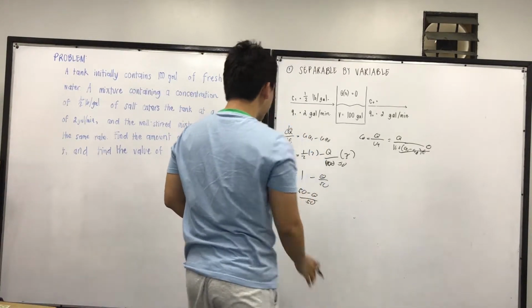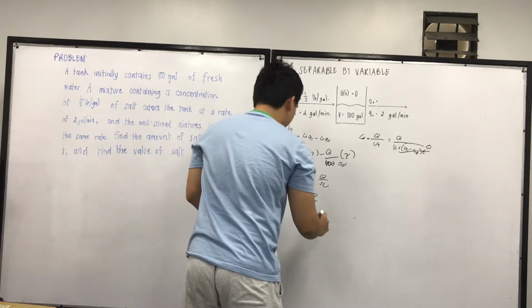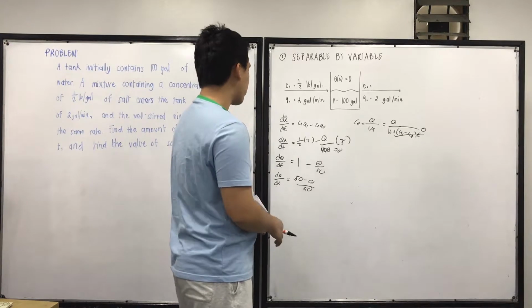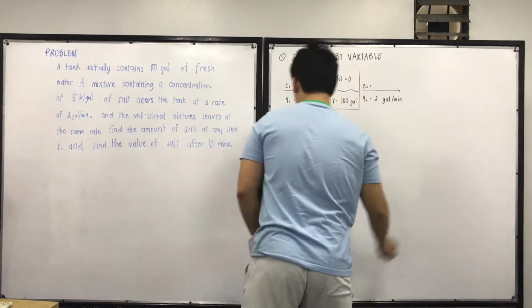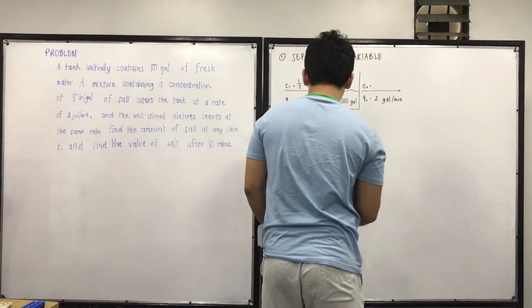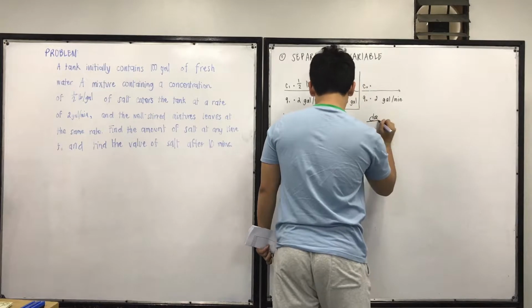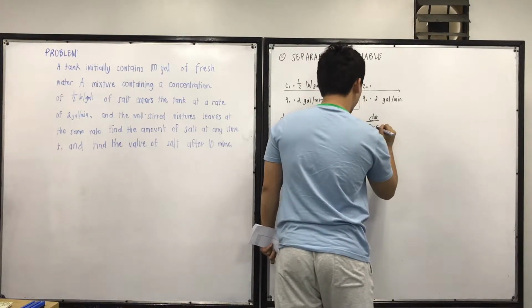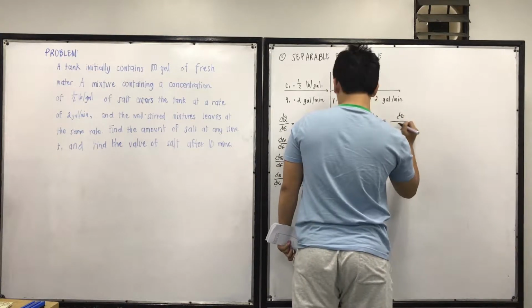So by observation you can separate the variables. Transpose this into dQ over 50 minus Q equals dt over 50.